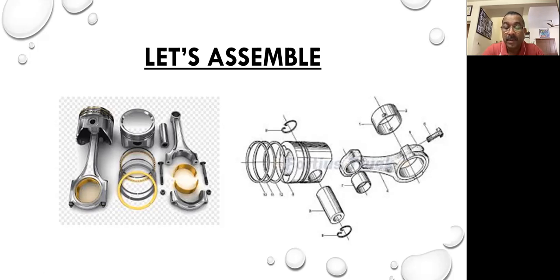We also call them circlips. We put these rings here. So this assembly is intact, and you can see two small circular portions with this connecting rod. Those are bearings.